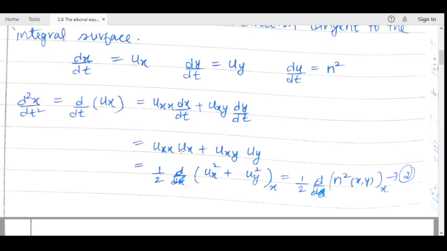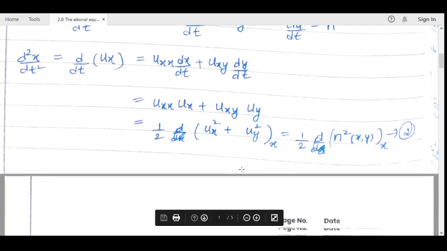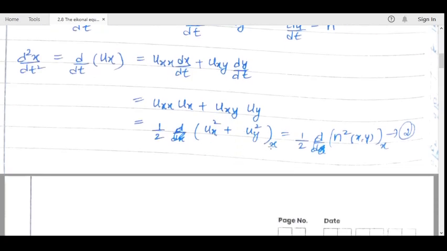Now this can be written as half the derivative of ux square plus uy square, because the derivative of ux square with respect to x is 2 ux uxx. We have written half here so that the 2 will get cancelled. And the derivative of uy square with respect to x will be 2 uy uxy.